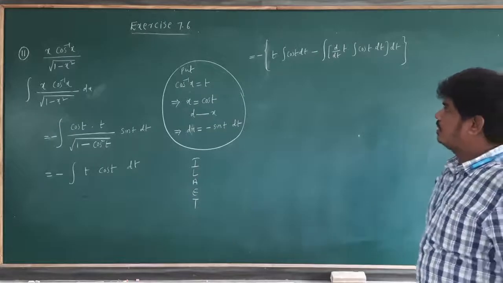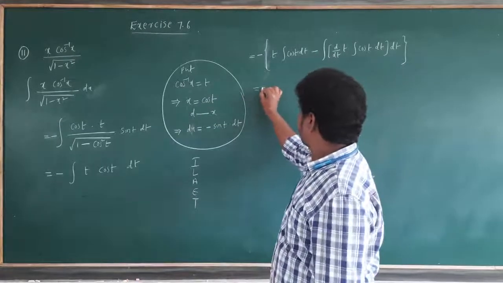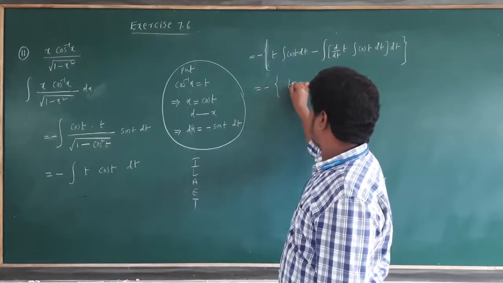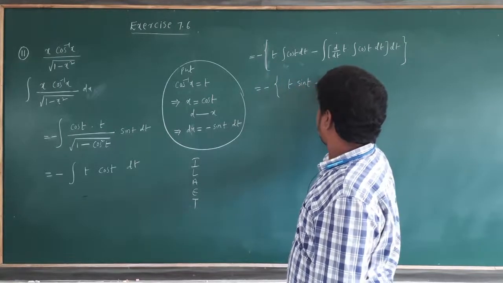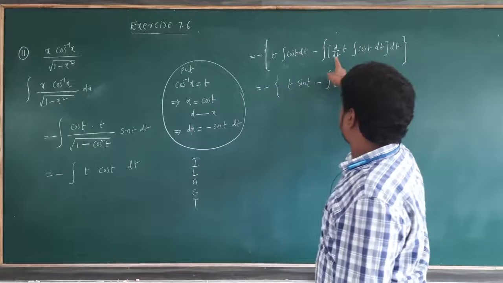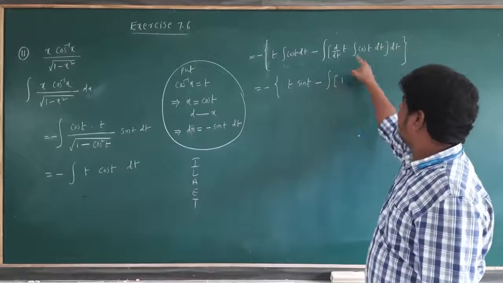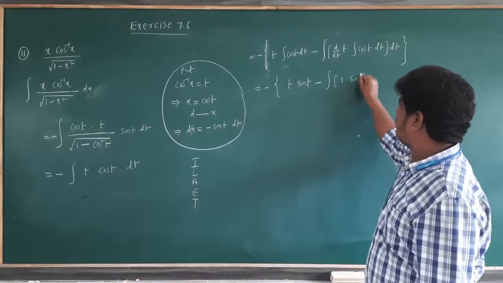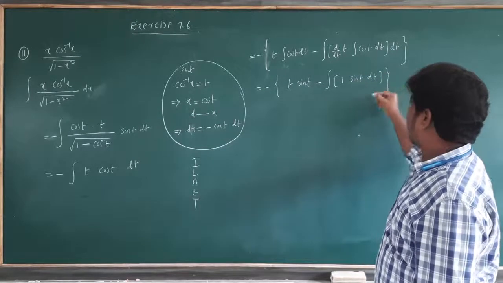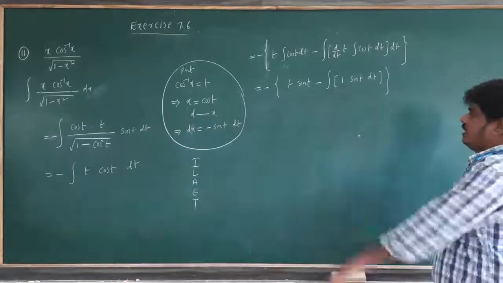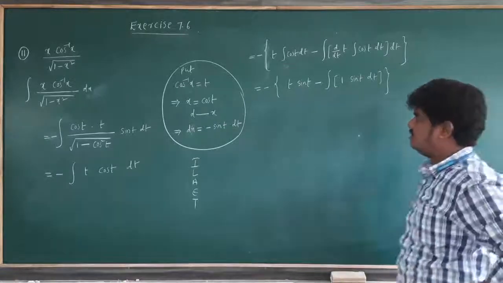Now this equals minus of t into integral of cos t, which is sin t, minus integral of the derivative of t, which is 1, into integral of cos t, which is sin t, dt. Then 1 into sin t, the integral of sin t is minus cos t.